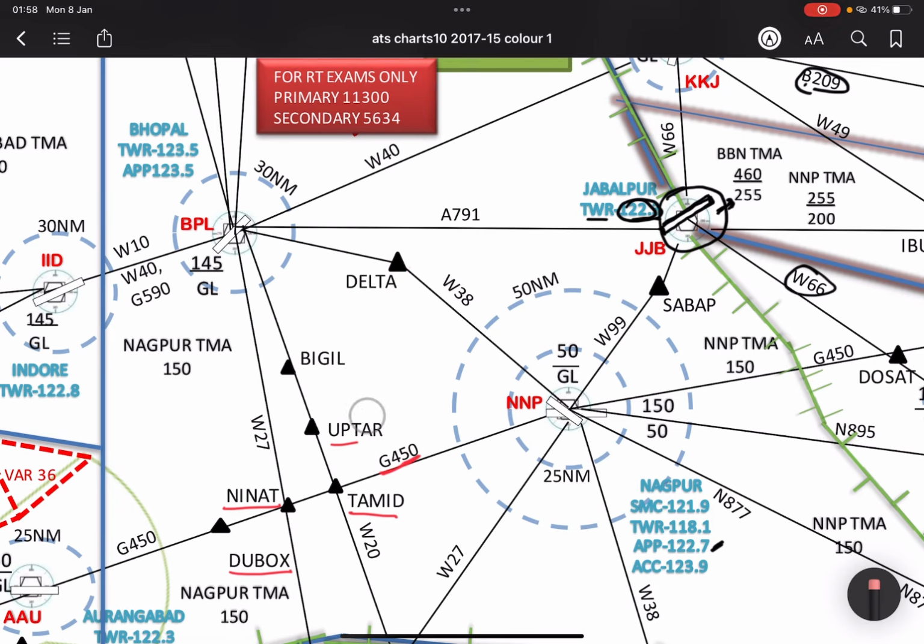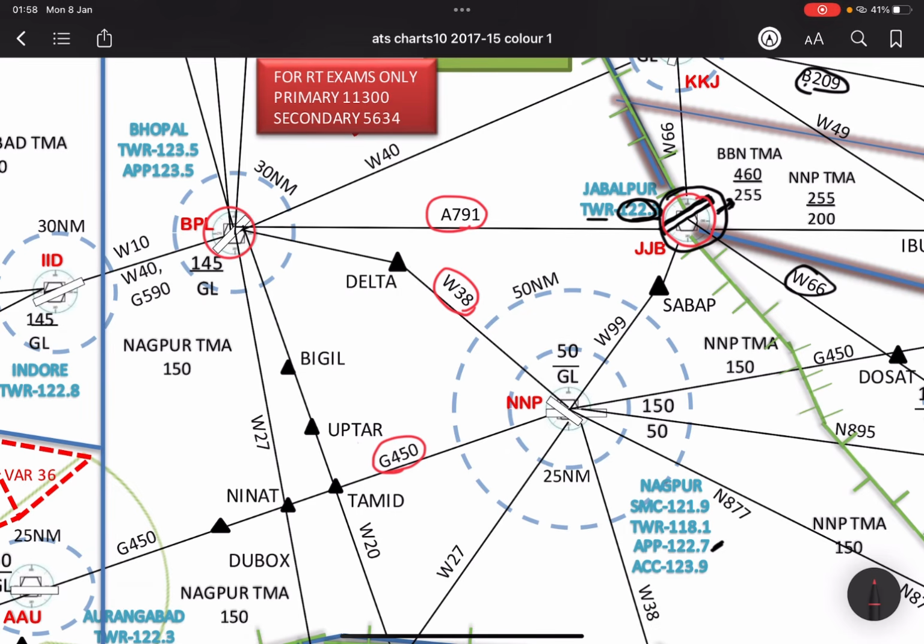What do these mean? Look, the ones written like Golf 450, in alphanumeric, all of these are airway names. Meaning if you want to go from Bravo Papa Lima, which is Bhopal, and you want to fly to Jabalpur, which is here, okay?